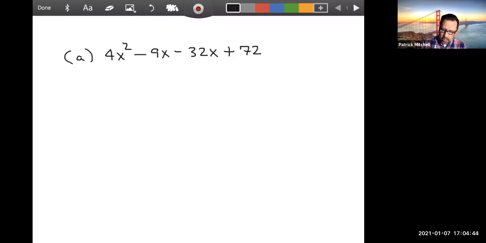We look for a greatest common factor, which in this case, I don't think is going to be any help. Well, no, it's not going to be any help. 4x squared and 9x have an x in common, but they don't have any number in common. And then the 72 doesn't have an x. So there is no factor that all 4 of these terms have in common.